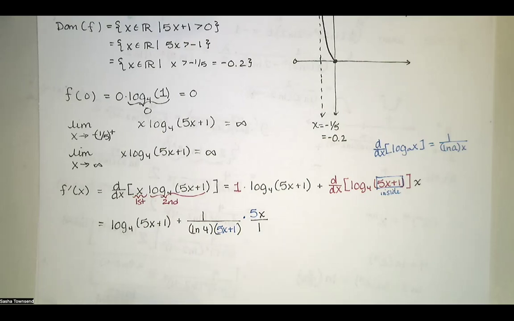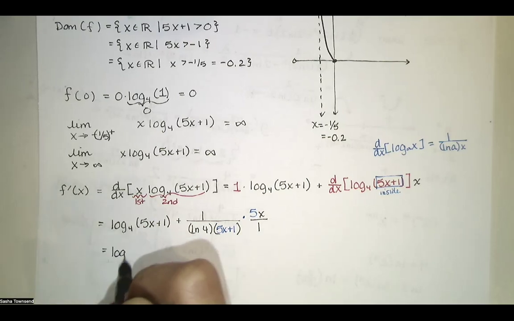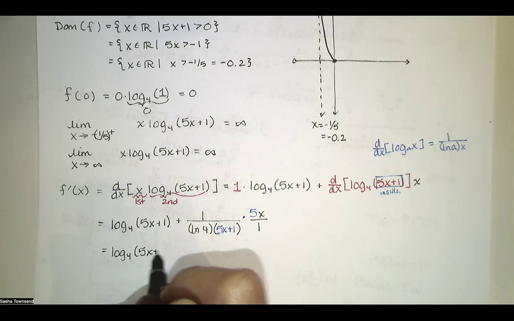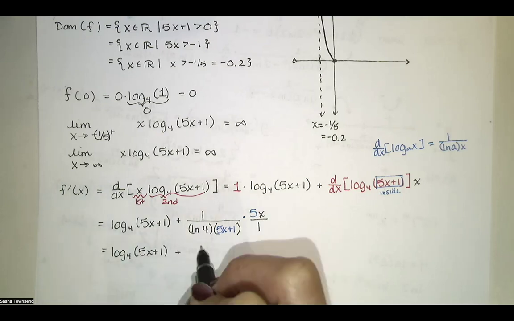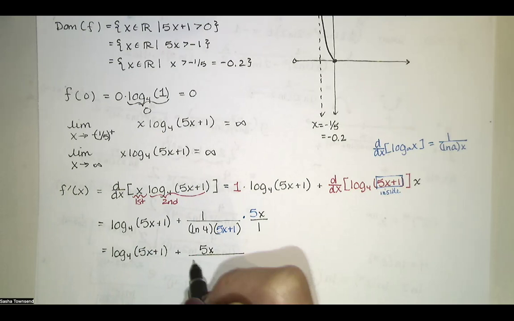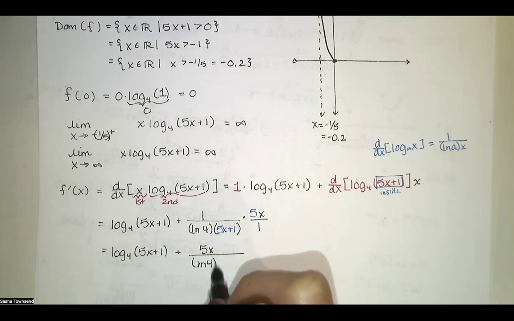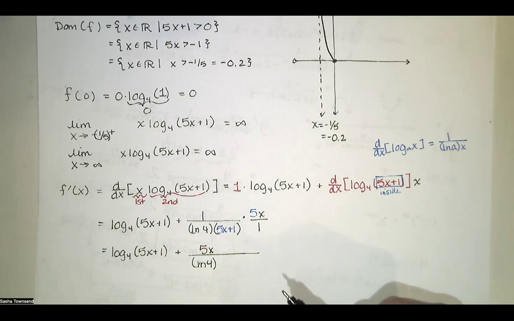If I multiply straight across, I've got log base 4 of 5x plus 1 plus 5x divided by natural log of 4, which is just some positive constant. It's going to be greater than 1 because e to a number that's greater than 1 is going to equal 4.